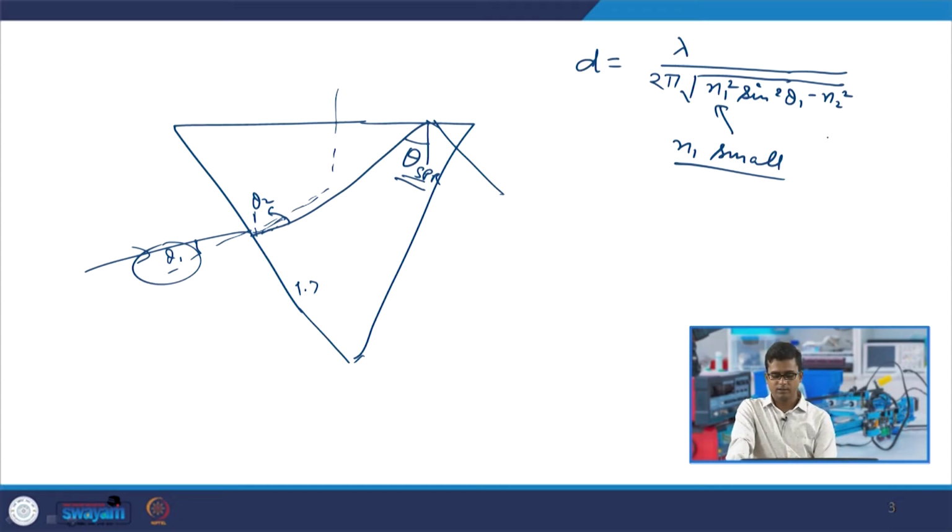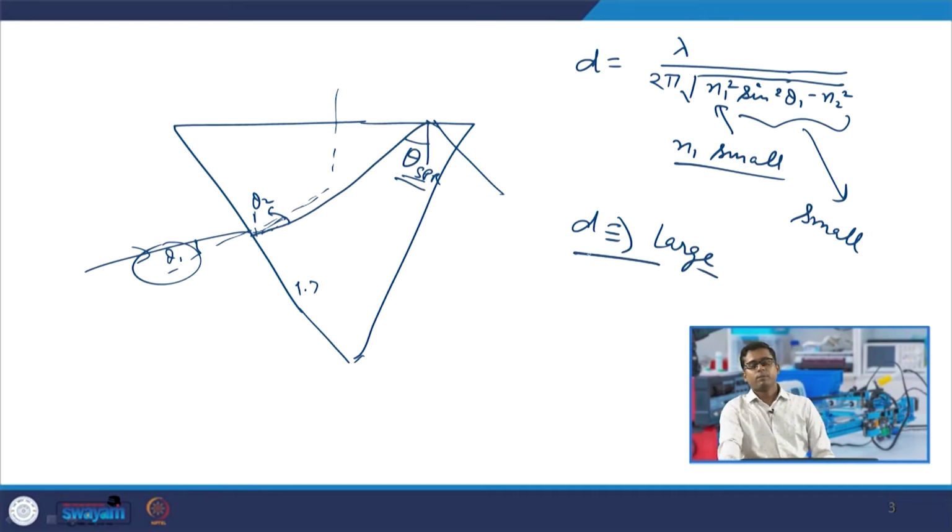This difference will be small, so D will be large. So, if the prism refractive index is small, you will have large penetration. Large penetration means the interaction volume is large. When interaction volume is large, the sensitivity is large. So, that is how you correlate these. Okay.